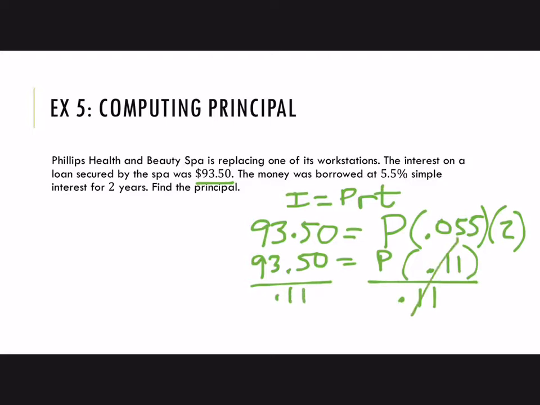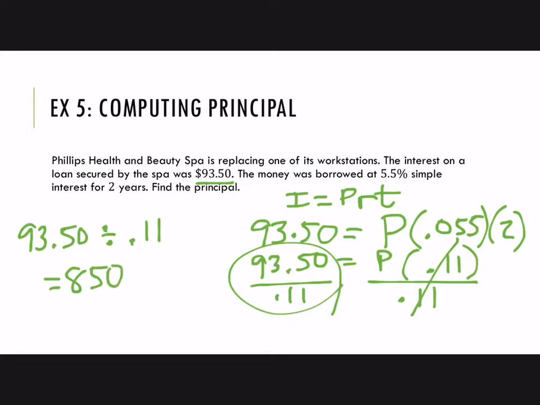Okay, so in a calculator, you would want to do 93.50 and then divide that by 0.11. And let me do that real quick, and that's 850. So the principal is $850.